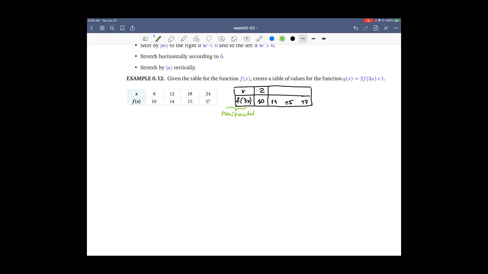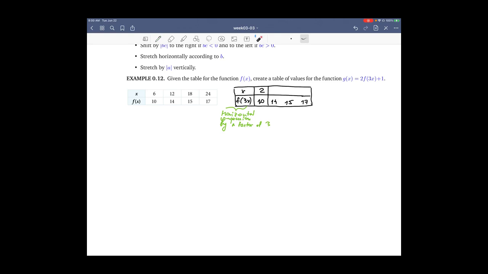Time compresses by a factor of 3. Horizontal compression by a factor of 3. F is being sped up 3 times.